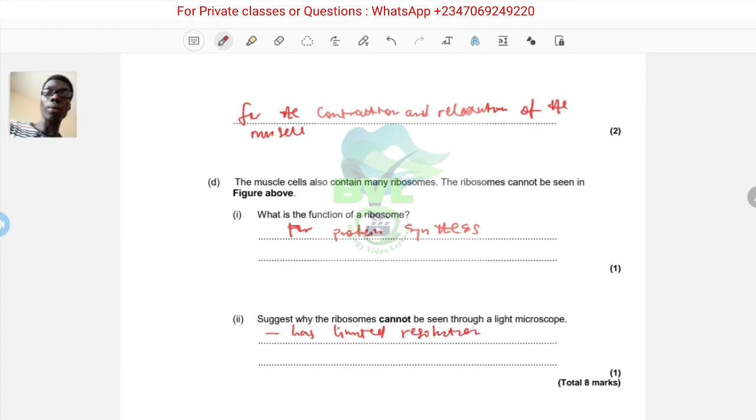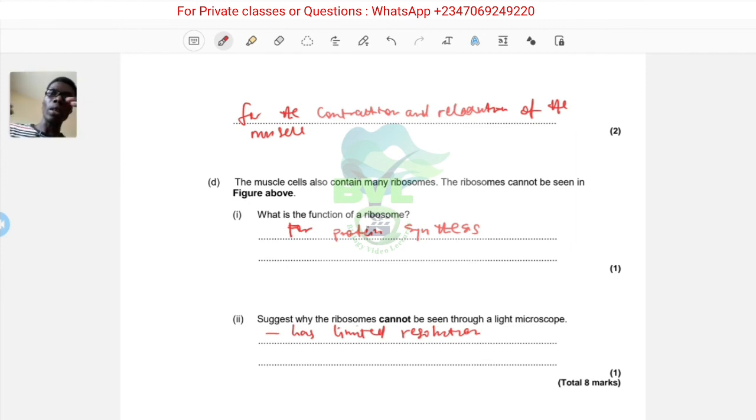Now, talking about resolution, it is the ability to distinguish two close points as being separate. Now, it appears as if it's one, but high resolution shows details. Let me redefine it.